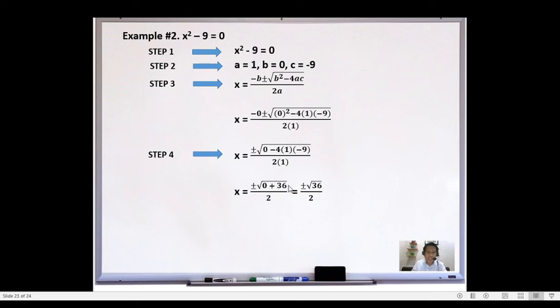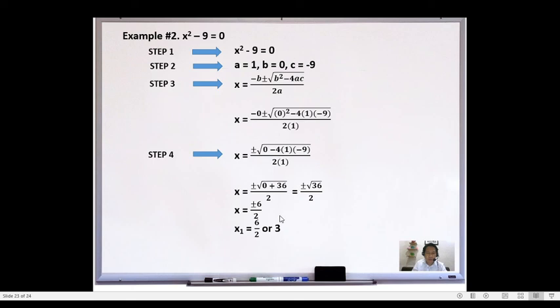That is 36 over 2 equals positive and negative 0 plus 36, that is equal to 36 over 2. And that is x is equal to the square root of 36, that is equal to 6. So we have positive negative 6 over 2.